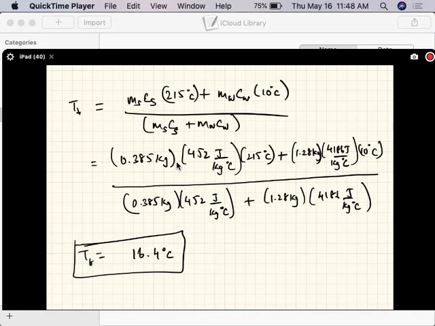Okay, as promised, this temperature is higher than 10 degrees Celsius and lower than 215.